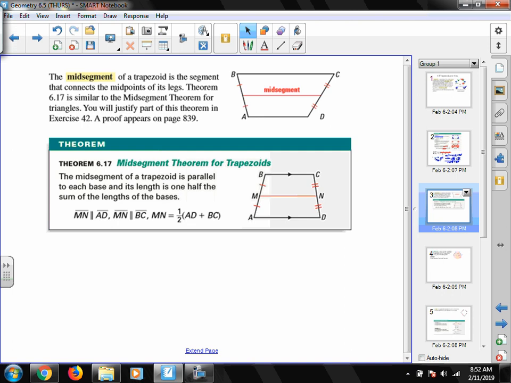Then, we also have a mid-segment of trapezoids. We did actually talk about a mid-segment theorem for triangles, and this is going to work very, very similar to mid-segments of triangles. First of all, a mid-segment is going to connect midpoints, which are halfway in between, or in the middle of a segment.